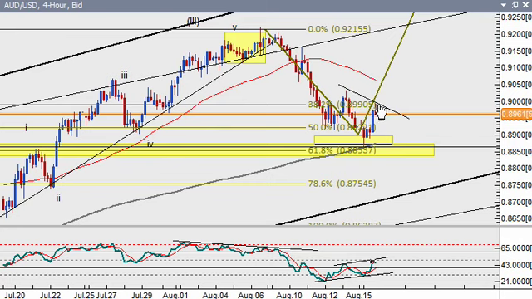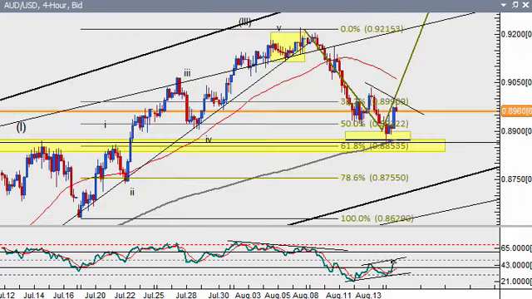So if the market continues to be pressured here, then we may have another decline. But in any case, if it doesn't break below 0.8850, a very bullish outlook can follow after that. But you need some confirmation.